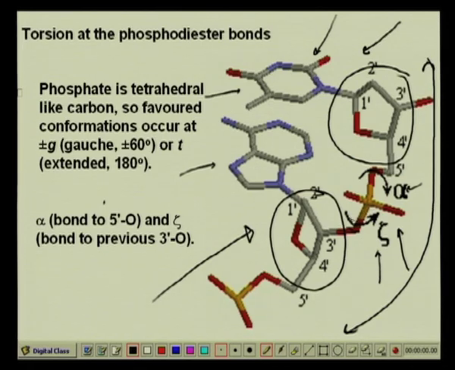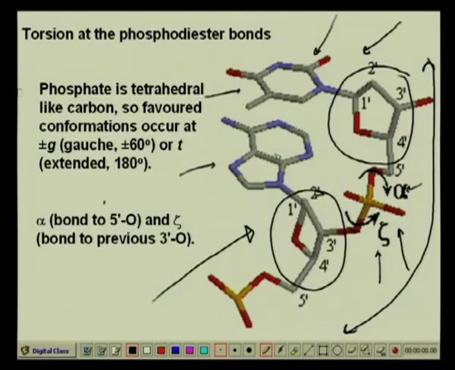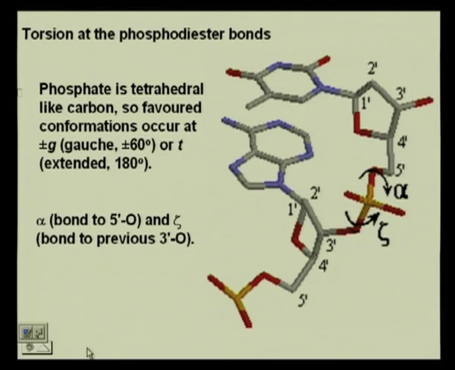What happens if I rotate about this psi angle? The base is going to come up all the way on the other side, right. So, what is going to happen if I rotate about this? This base can shift, right. So, we have an alpha rotation and we have a zeta rotation, the eta rotation rather.